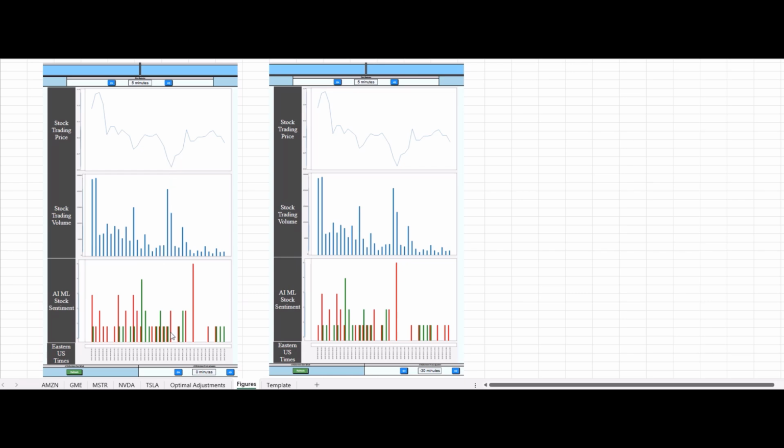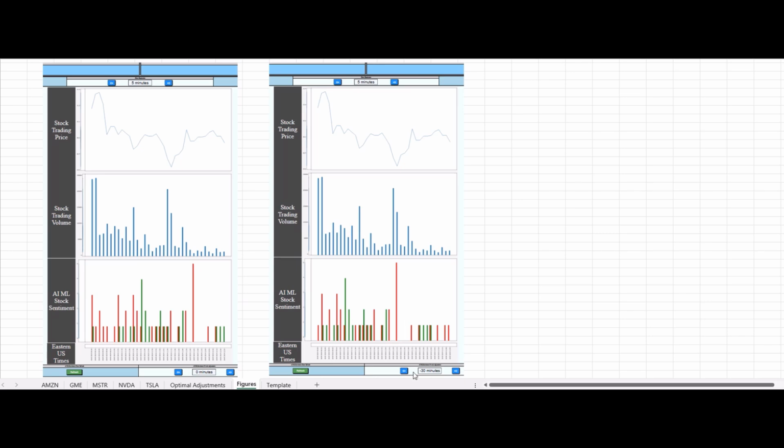And as we know that there's a 30-minute offset between these data points, the data point of the stock price and the data point of the AI machine learning generated stock sentiment data point.